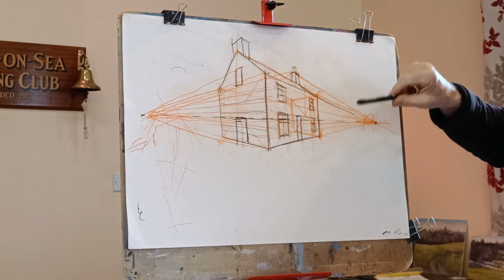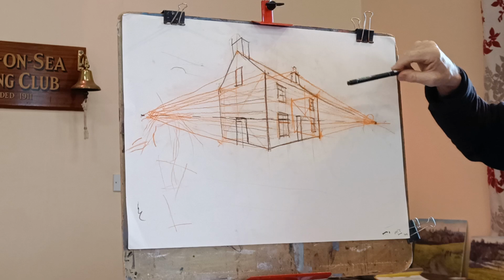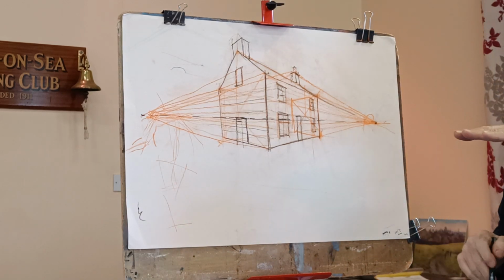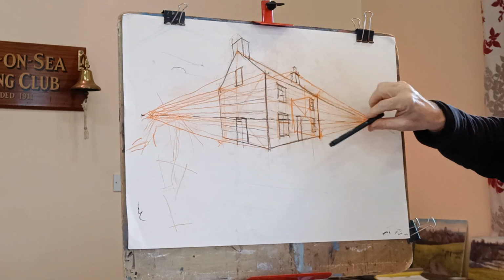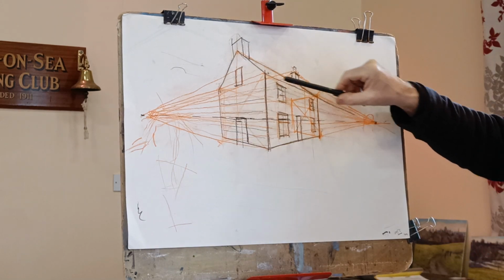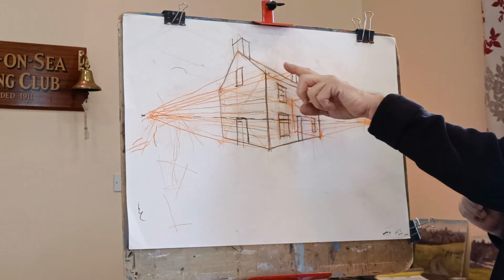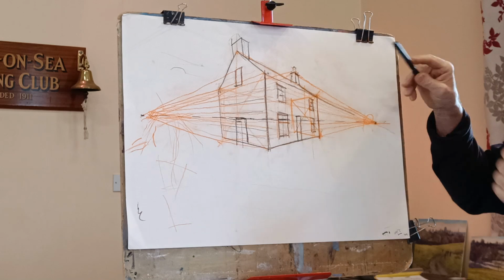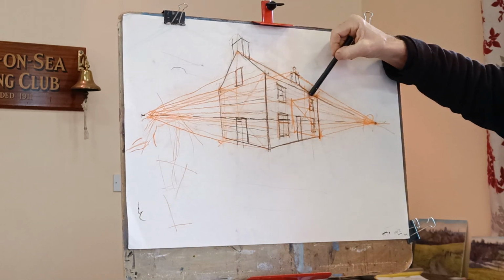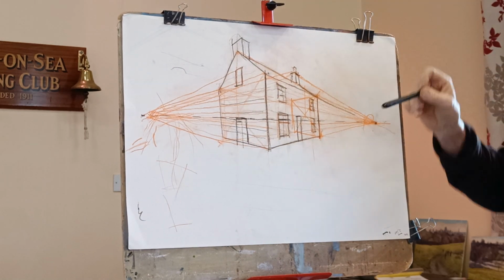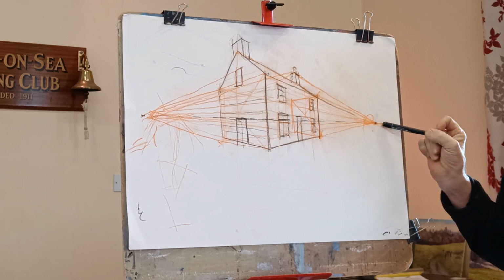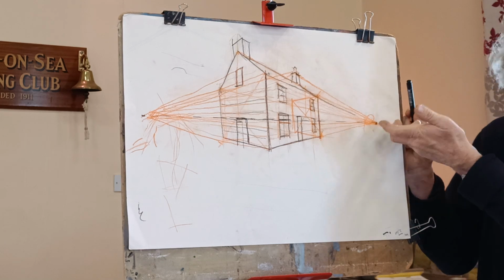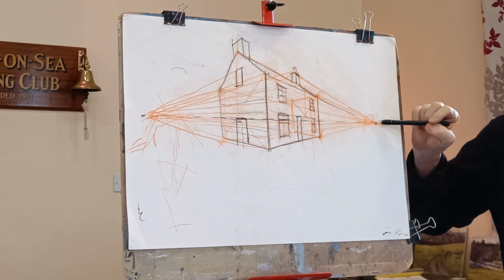And what that means is that all the things that we know are horizontal actually appear as angled lines. So the lines that represent the horizontal things, like the floor and the roof line, actually appear as angled lines. If you carry these lines on, the top one and the bottom one, they will end in what they call the vanishing point.